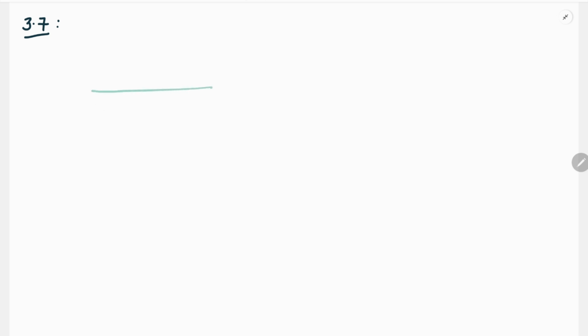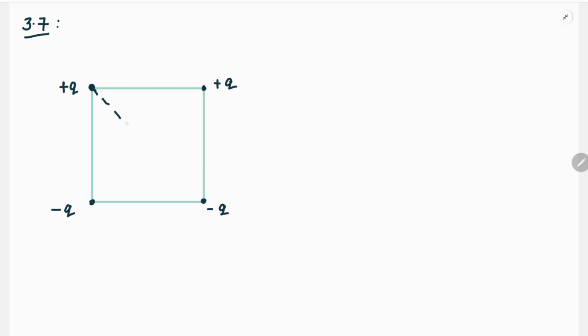So we have a situation like this as shown, where the charges are placed on the vertices of a square, and the charges which are placed over here, the first charge is plus q, another one is again plus q, this one is minus q, and this one is minus q, and the diagonal separation between them is referred as 2l.